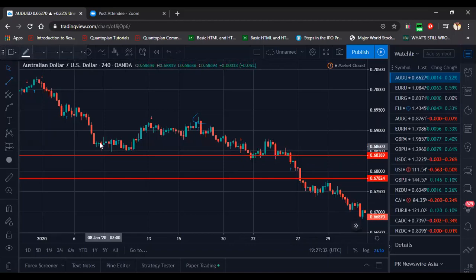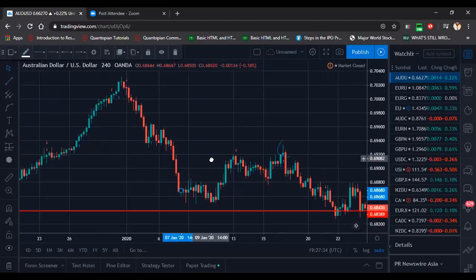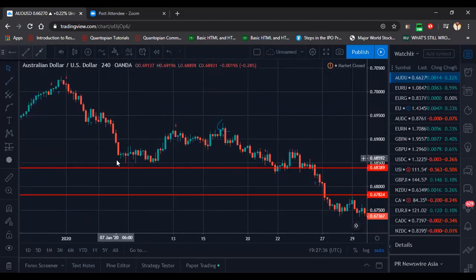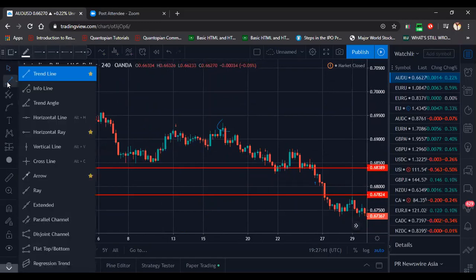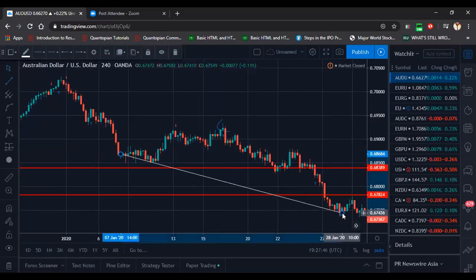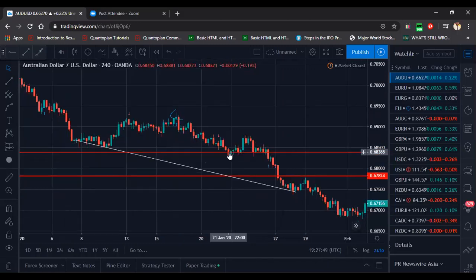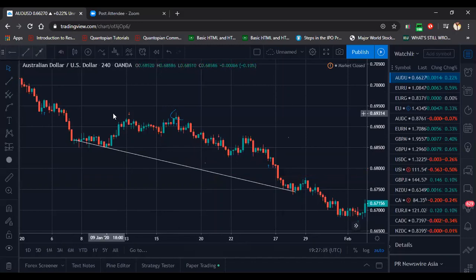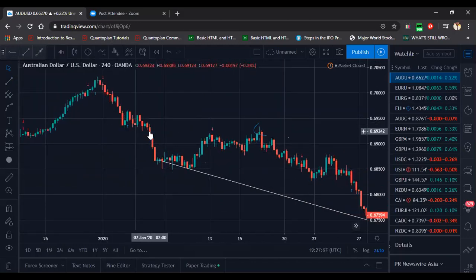Price dropped from this level up to this level, right? So that is for the 3 black crows. So you see 1, 2, 3 straight bearish candles, like long bearish candles.